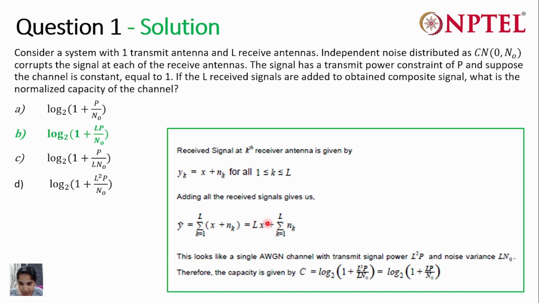If we see the power of the transmit signal, it's actually L square into P. If we see the noise variance, it's only L into N naught. So the capacity, if we write it as signal power by noise power, will be log to the base 2 of 1 plus L square P by L N naught. So we'll get LP by N naught.